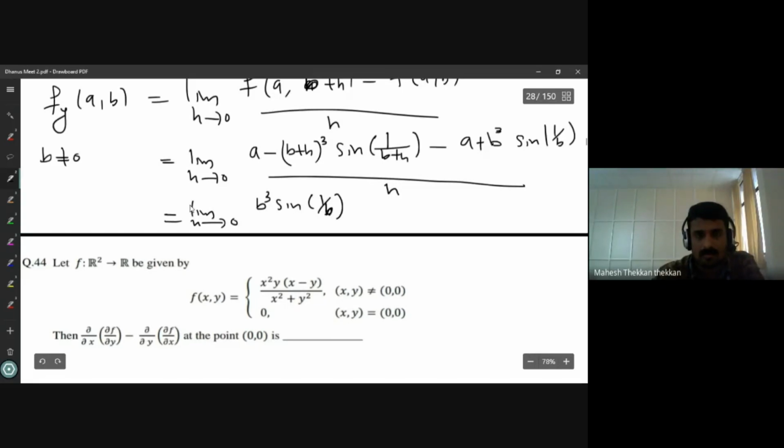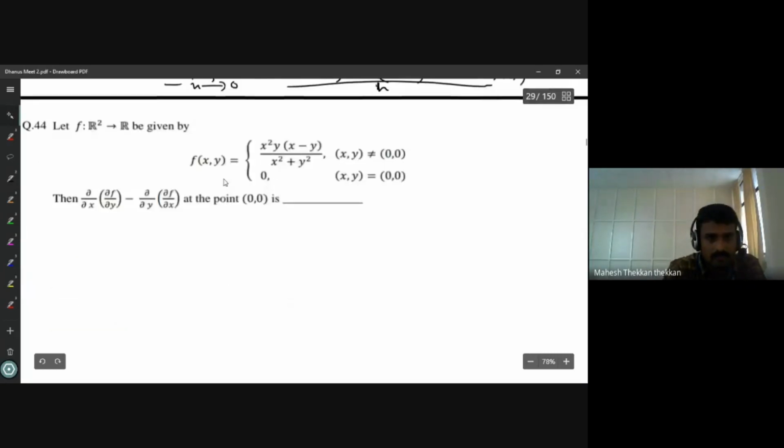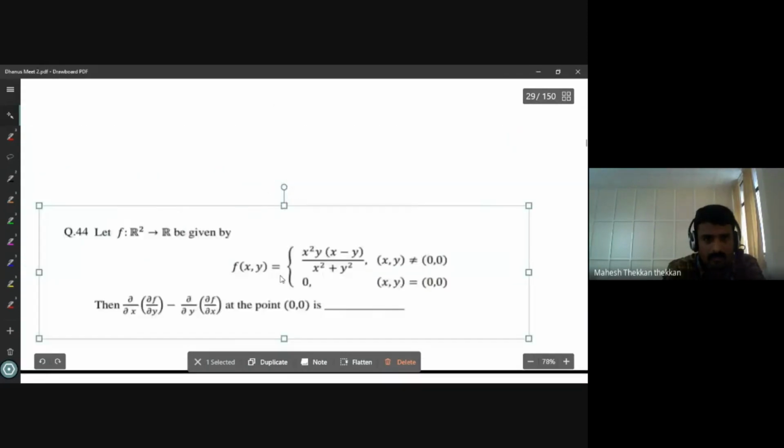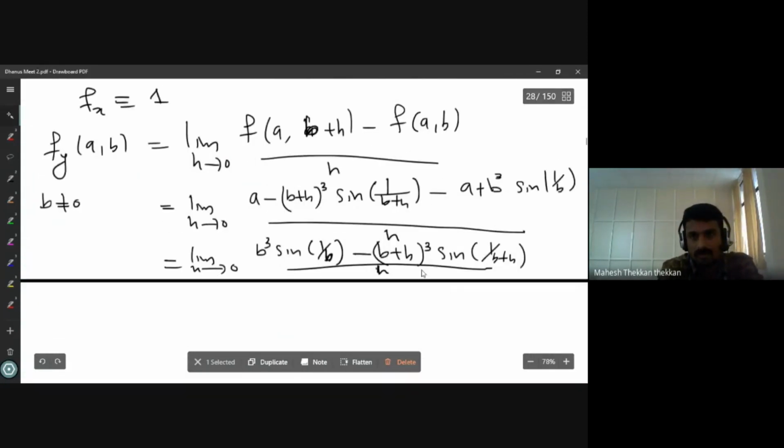The other one is minus b plus h whole cube into sine 1 by b plus h, divided by h. So this limit you can find. Again, you can look at it as a function, L'Hospital rule.